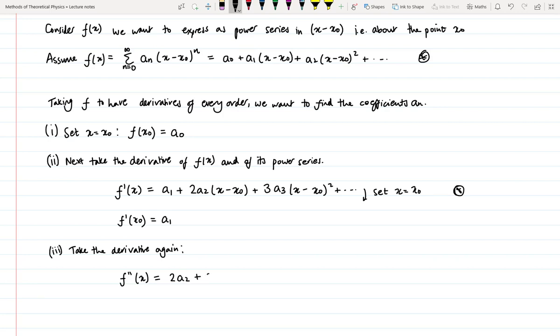The next term is going to give us 3 times 2 times a3 x minus x naught. And the term after that is going to give us 4 times 3 times a4 x minus x naught squared, and so on. Once again, we set x equal to x naught, and we have that the second derivative evaluated at x naught is simply 2 times the coefficient a2.